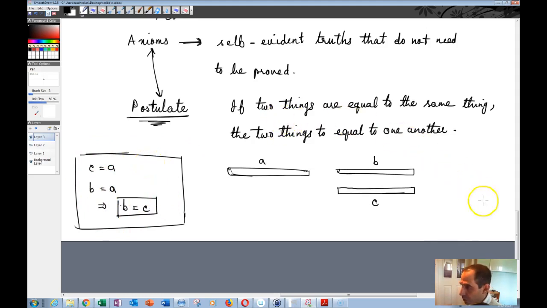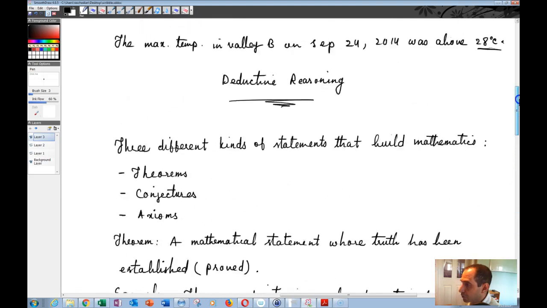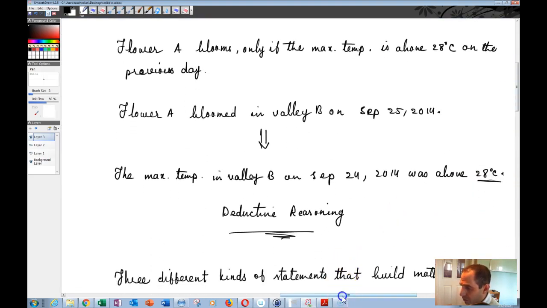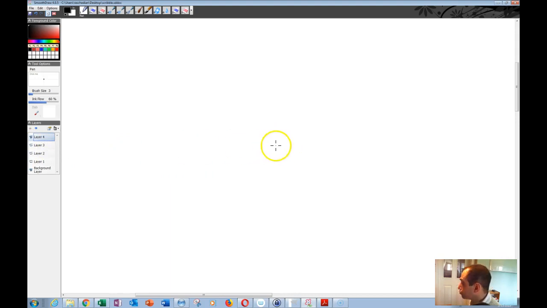One word that we need to understand here is the word axiom, and another word is the word postulate. Let me give you a couple examples. For example, the first postulate of Euclid.